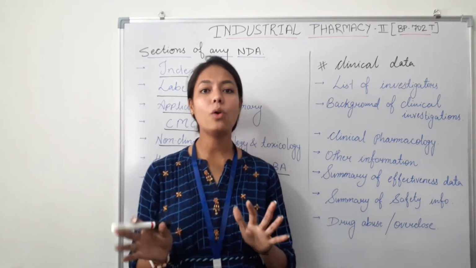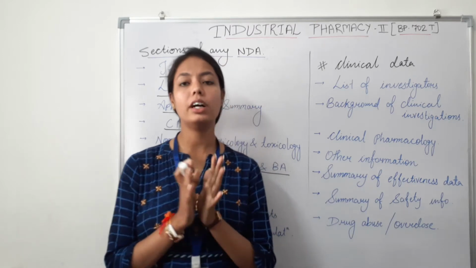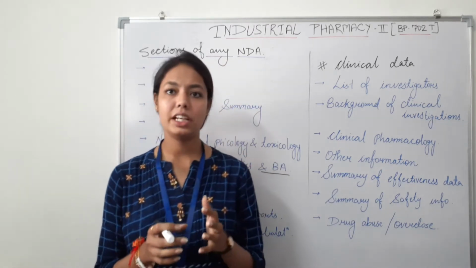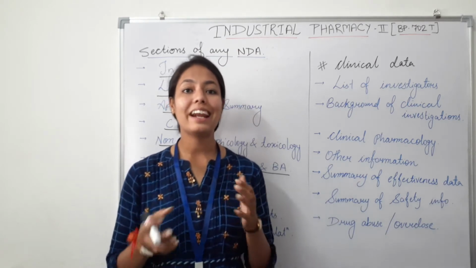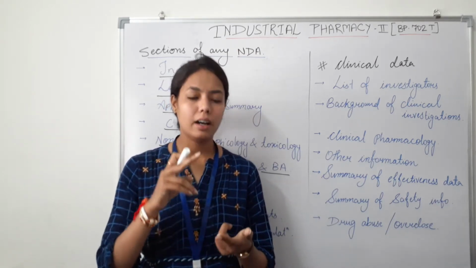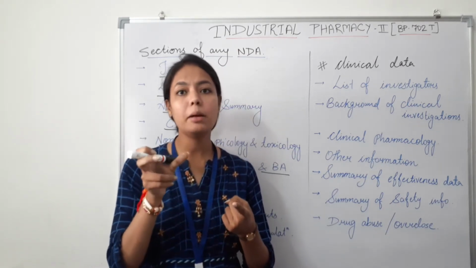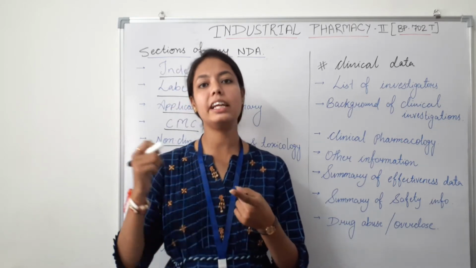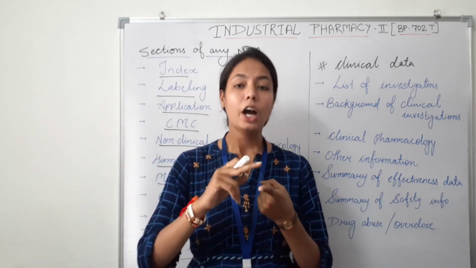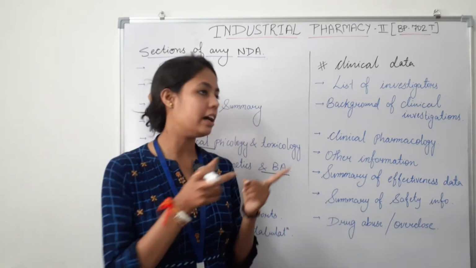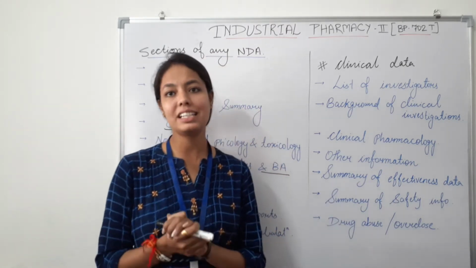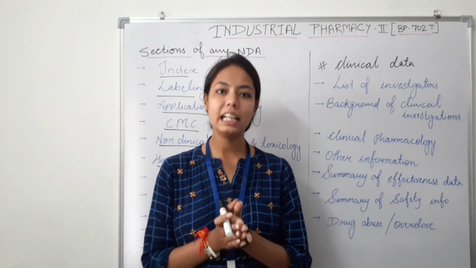After this, the second one is the background or overview of the clinical investigation. What is the background and clinical overview of the particular clinical investigation? It should discuss the general approach and the rationale used, like how many patients were included in the clinical trials, what the duration is, and the selection criteria for the healthy human volunteers or patients, etc., in the development of the clinical data.